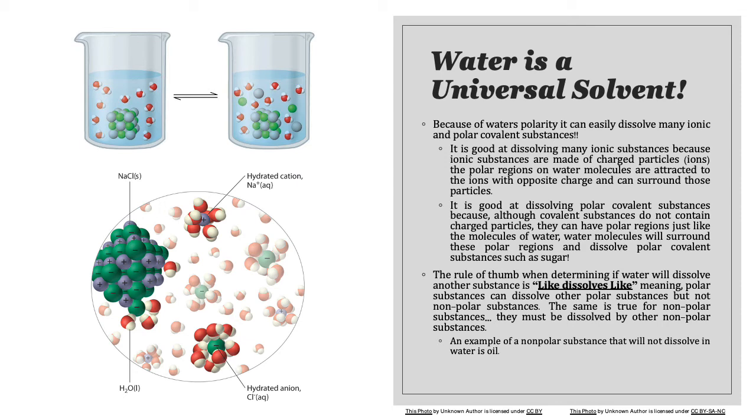So water molecules would surround those polar regions and separate those molecules from all the other ones that are just like them. A good example of that would be sugar dissolving in water, because it stays a sugar molecule, but water is surrounding its polar regions and moving it away from all the other sugar molecules. A good rule of thumb when you're trying to determine whether water will dissolve something or not is like dissolves like.